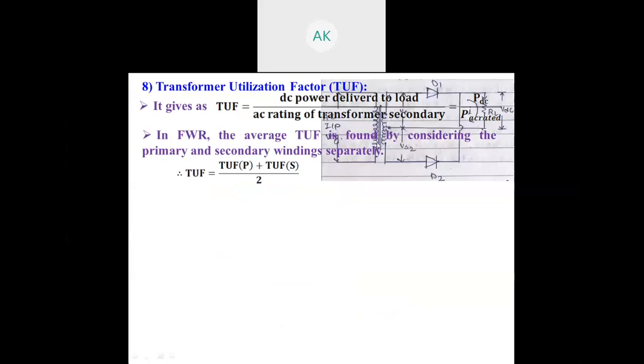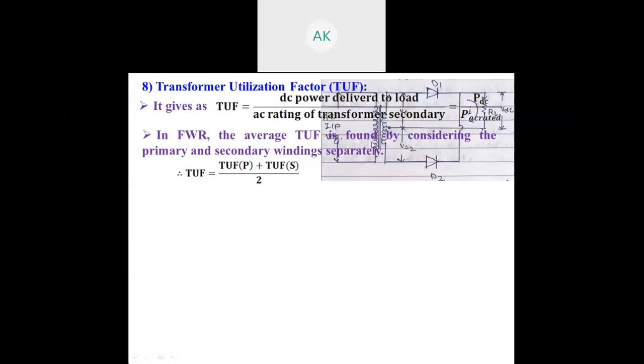For this case we are using a center tap transformer, which has a CT. This primary is related with the upper half of the secondary, and this primary is also related with the lower half of the secondary. So we want to find out the TUF of this full wave rectifier.